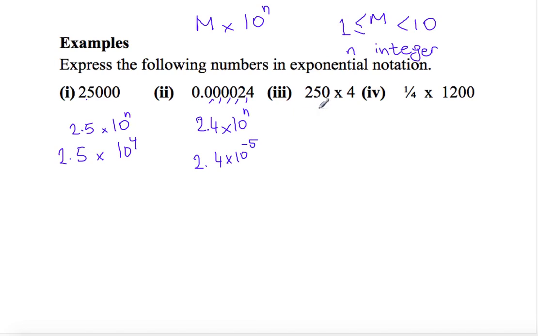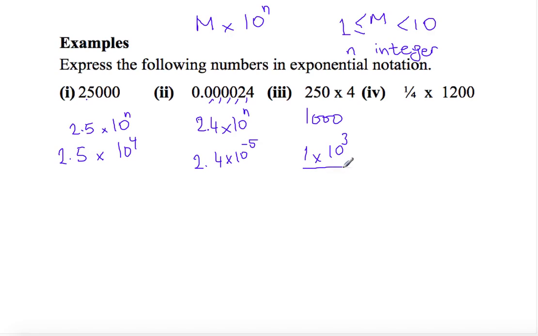Let us look at the third example. 250 times 4 makes 1000, and we can't write 10 because m must be smaller than 10, so we can write it as 1 times 10 to 3.